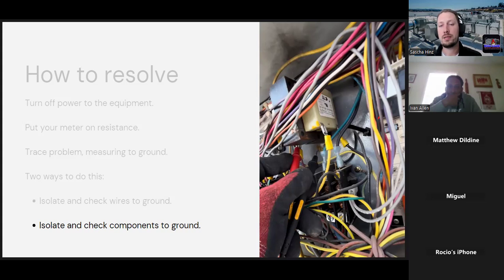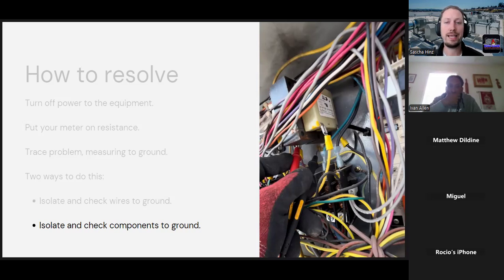I'm talking about larger commercial units. On residential, you might just have one, so it's very easy to identify. But the same goes for compressors. You can check your compressor to ground, the individual legs in the compressor, your condenser fans, your heat strips, blower motors. You can do each one of those isolated, check to ground. That way you find your component.